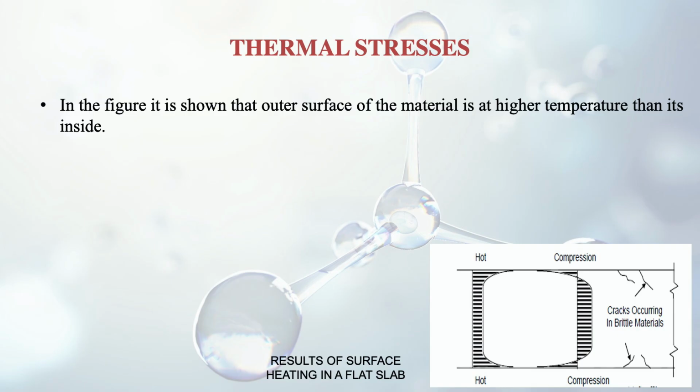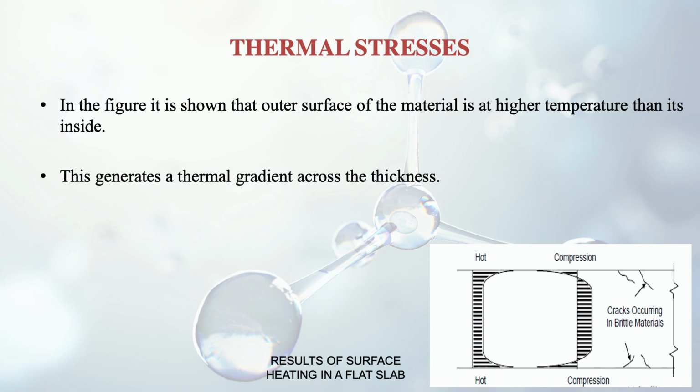So now we talk about a very important term, that is thermal stresses. Why these thermal stresses are actually coming in, we are going to discuss on a molecular level. In the given figure, the outer surface of the material is at a higher temperature than its inside. So what will happen? There will be a thermal gradient across the thickness.